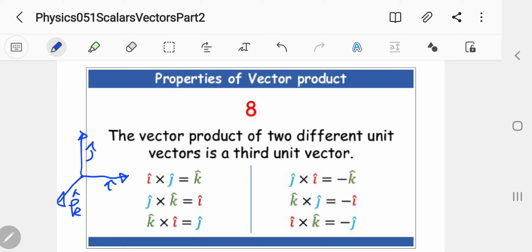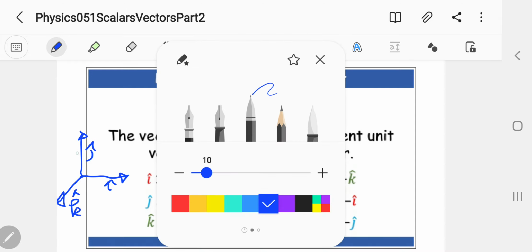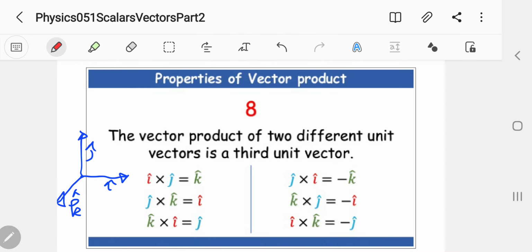If you're doing the reverse, you put your palm on the j and you move your palm to i. It gives you the negative k direction. So that's what is written here.